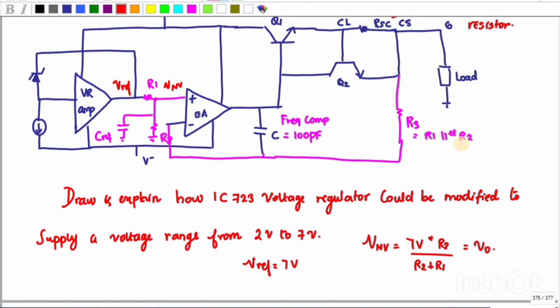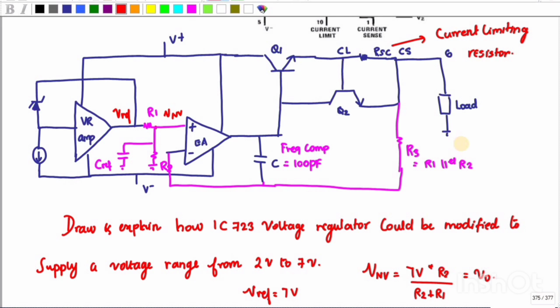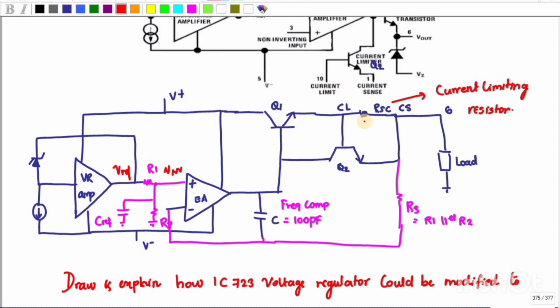Okay, so let us discuss how this RSC resistance is used as a current limiting resistor. Okay, so let me assume the voltage across this one is V sense, and the V sense value, let me take that as 0.5 to 0.6 volt.